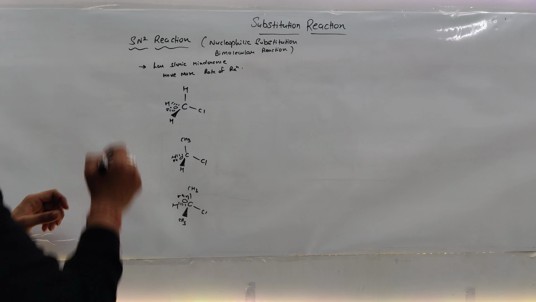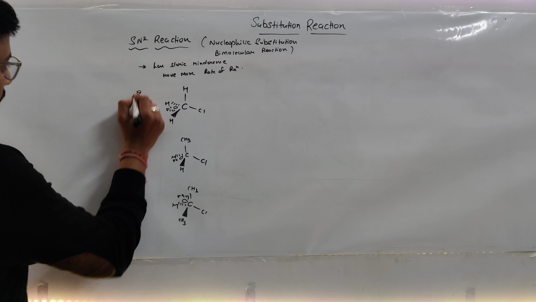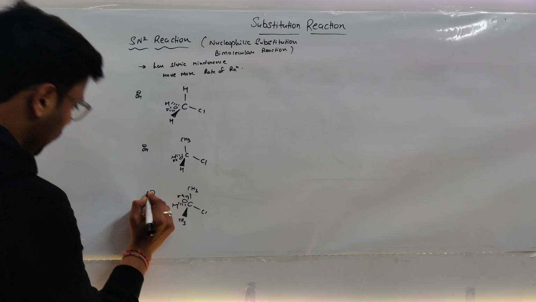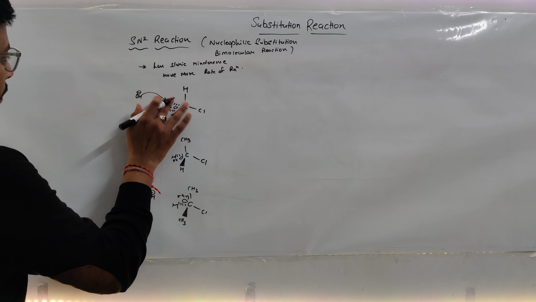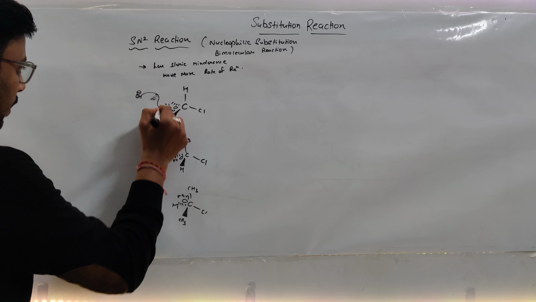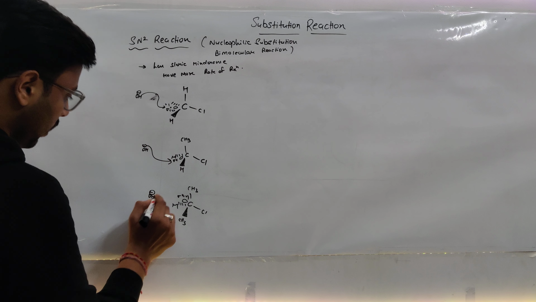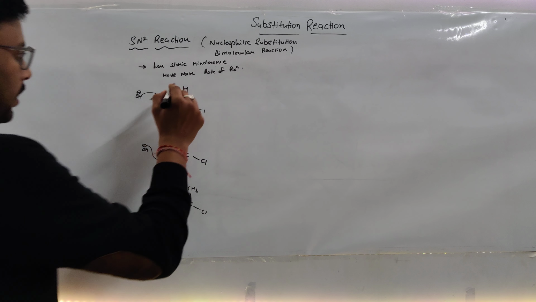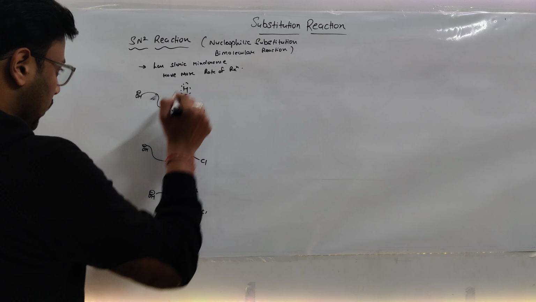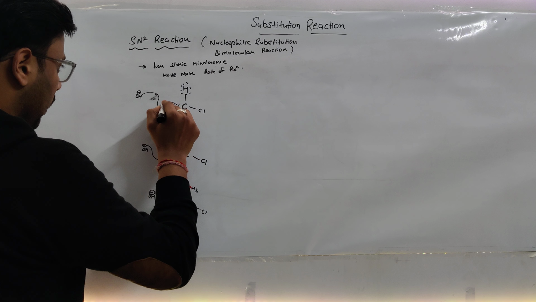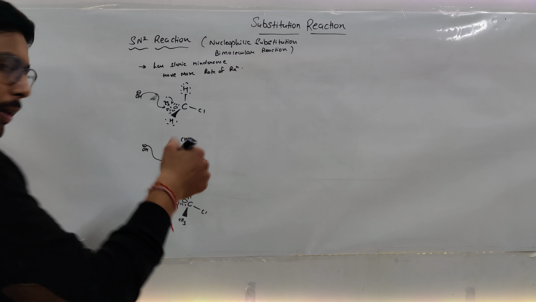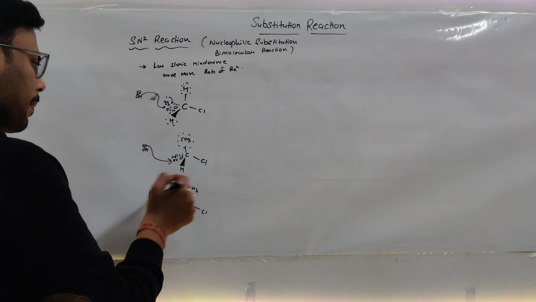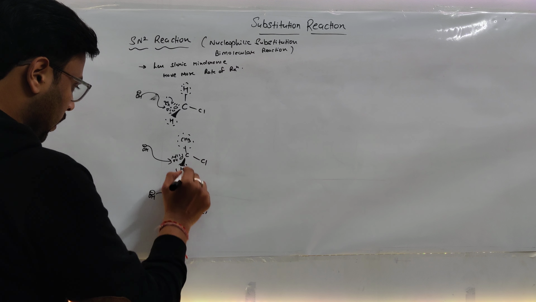So let's think about it. When the nucleophile OH minus approaches the back side of all these three molecules, toward the antibonding orbital, this attack is more favorable where the group is smaller, like hydrogen. The bulky CH3 group will repel the OH minus coming from the back side.